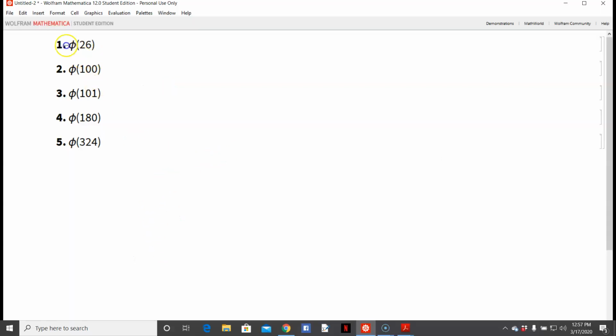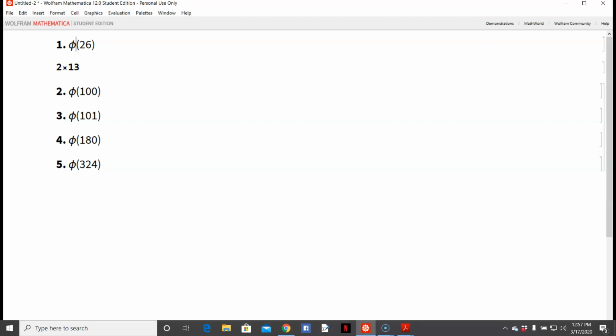So phi of 26. I go through my process. Is it prime? No. Is it the power of a prime? No. So now I'm going to factor it. 26 is 2 times 13. Those are relatively prime to each other, and each is a prime in and of itself.